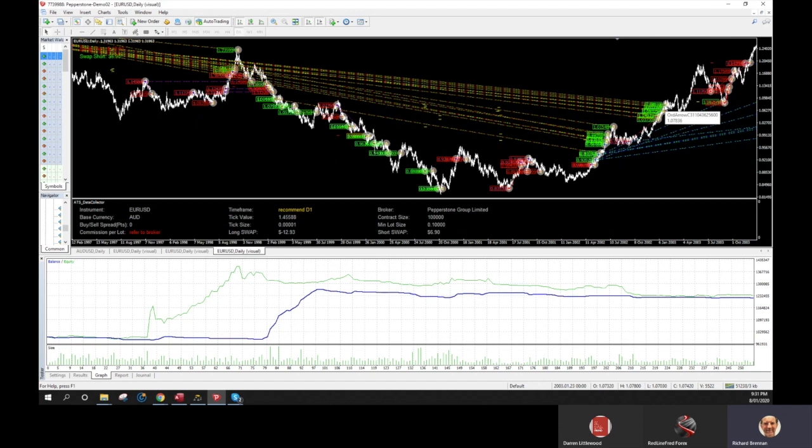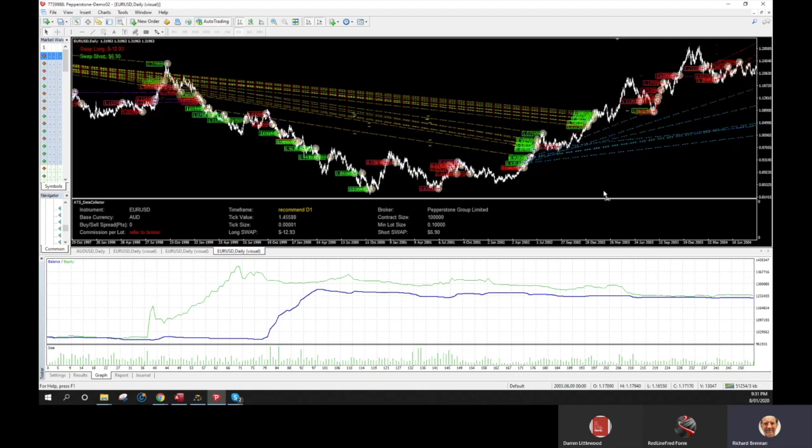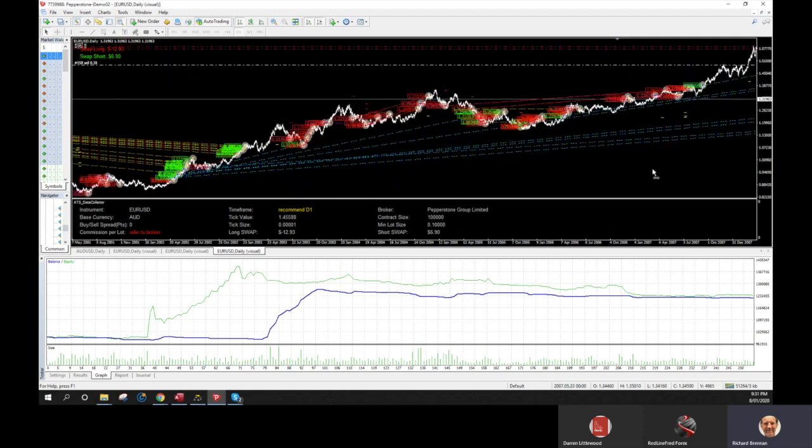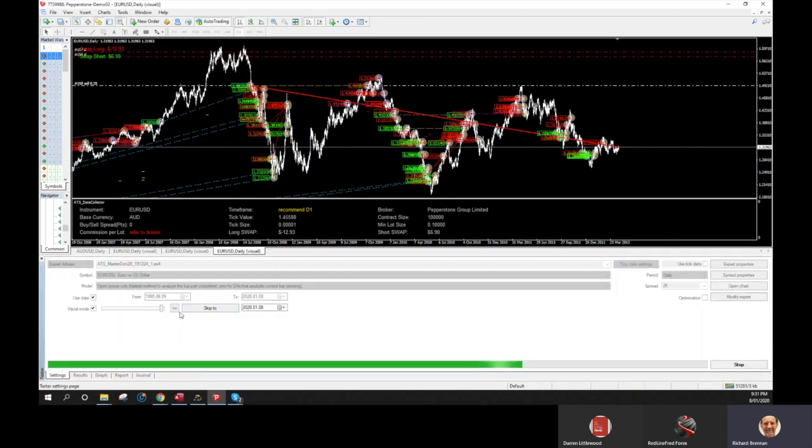So at this point here, we've already got some nice floating equity from our longs at this point here. And as we go forward, we get another lovely long trend. So I'll keep the strategy going.